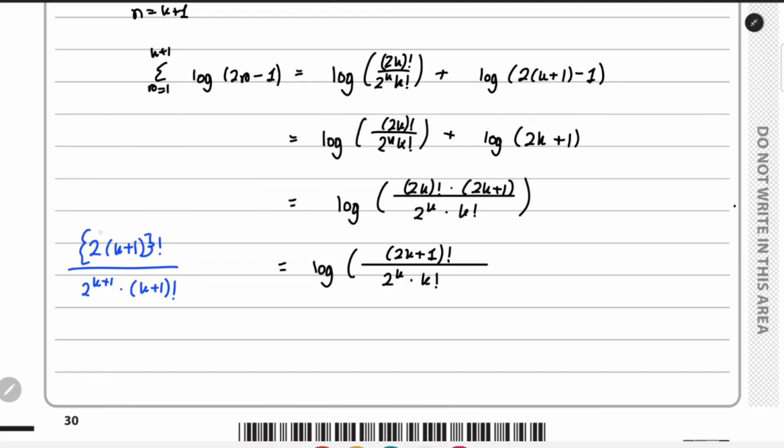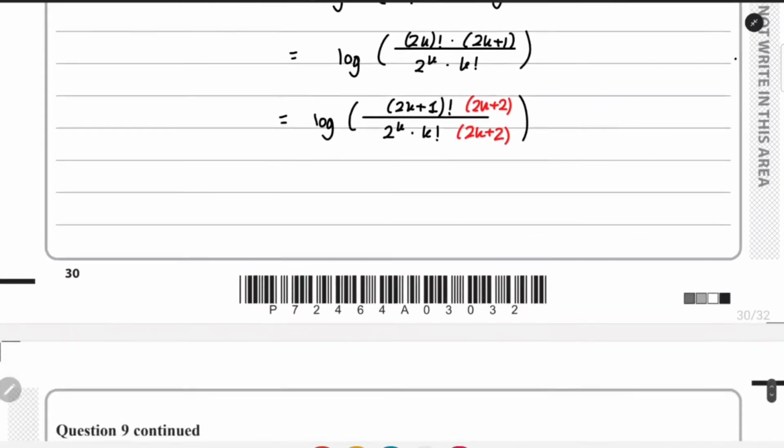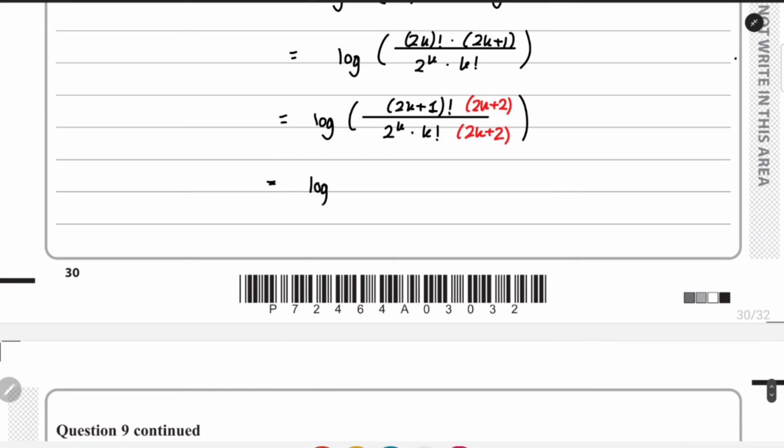However, if I wanted to convert this into 2 times k plus 1, I'll basically need 2k plus 2 factorial. And to do that, I can just multiply 2k plus 2 on the top and bottom. So I multiply 2k plus 2 on the top and on the bottom. So on the top, I'll get 2k plus 2 factorial.